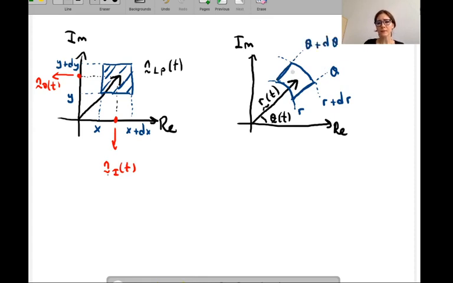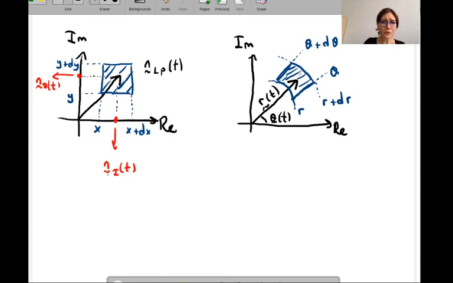So let's say that this region was chosen such that this square in the xy plane more or less corresponds to this region in the r theta domain. Now obviously they don't have the same shape, but when you take this analysis to an infinitesimal level, you can simply approximate this area as this one. So this is going to be the idea.